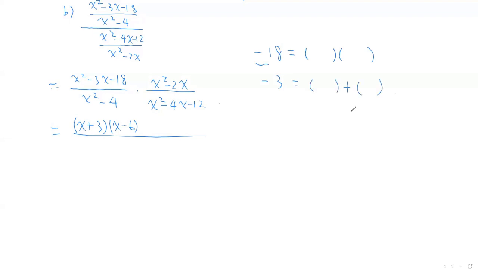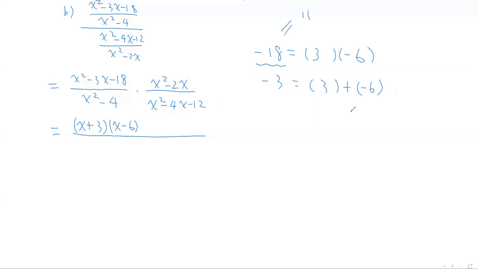And then you factor negative 18, either 1 times negative 18, or 2 times negative 9, 3 times negative 6, or the other way, changing the sign of the first one. And the only pair that works here is positive 3 times negative 6. Of course, all other possibilities are not right.